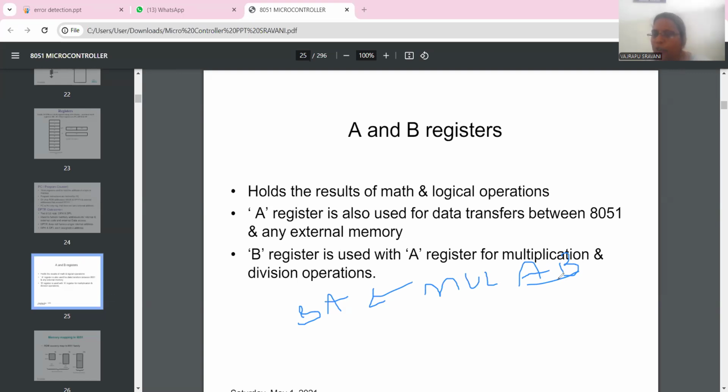When we multiply both 8-bit register values, the result may be 16-bit. The higher order 8 bits are stored in the B register and the lower order 8 bits are stored in the accumulator register. As well as DIV AB, where the quotient is stored in the accumulator and the remainder is stored in the B register.